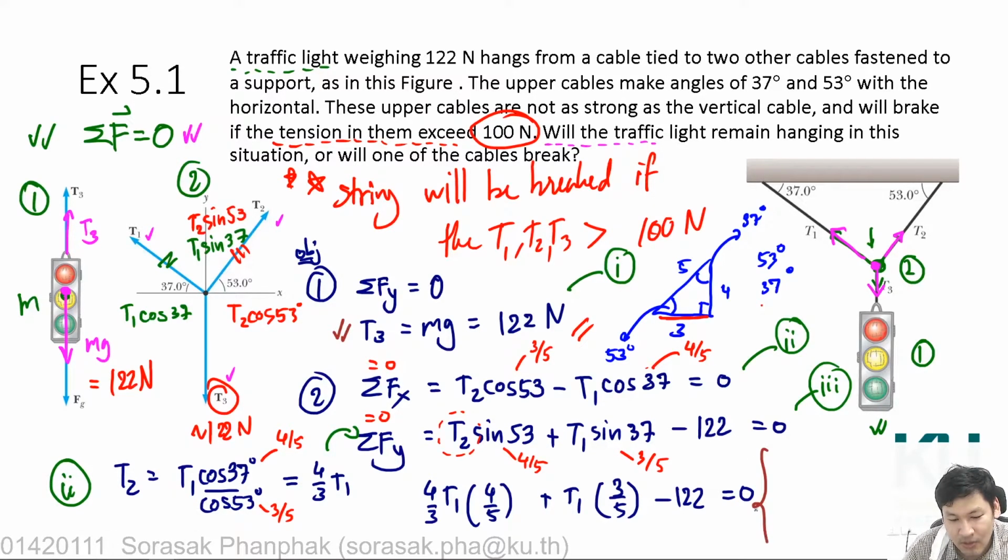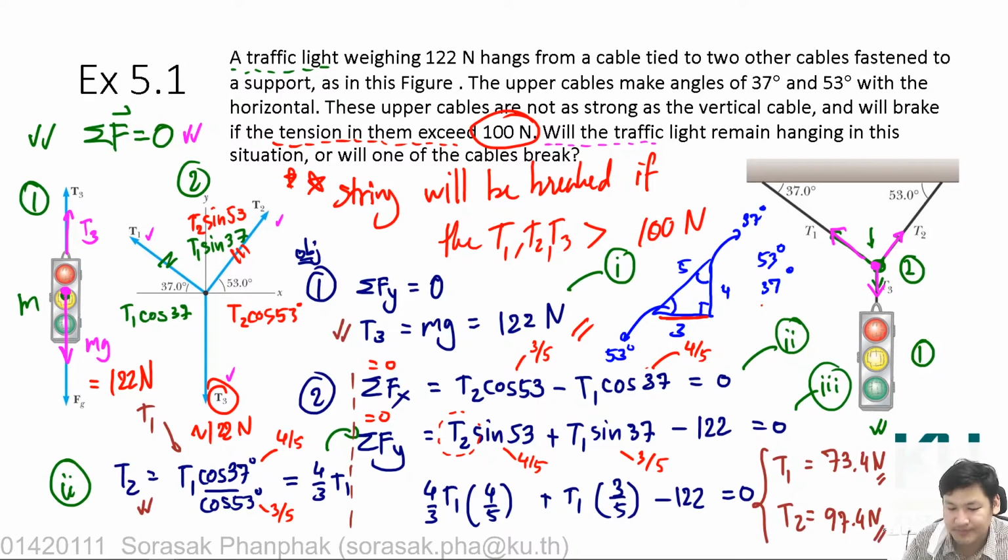So when you do the algebra on this term, you finally get T1 equal to 73.4 Newtons. And how about T2? If you know T1, you substitute T1 into this, and you're going to get T2. Finally, T2 equals 97.4 Newtons.